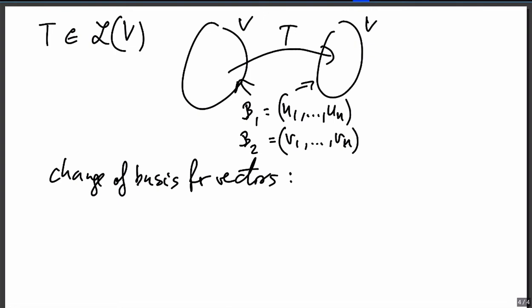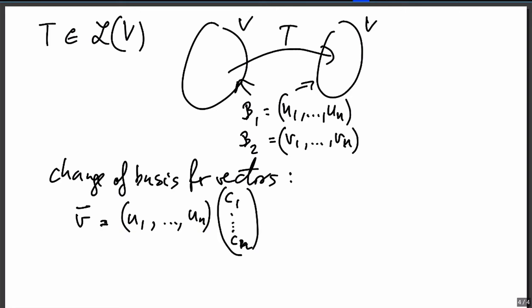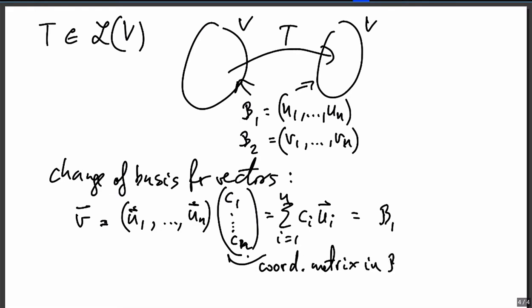So if you have a change of basis for vectors, then if you have a general vector V, you can write this in one coordinate system, for example, with U1 coordinates, with some C1 to Cn in the scalar field. So this is supposed to be the linear combination of U1 to Un. And we wrote this as the basis B1, and we call this the coordinate matrix. In base 1, notation was bracket V subscript B1.